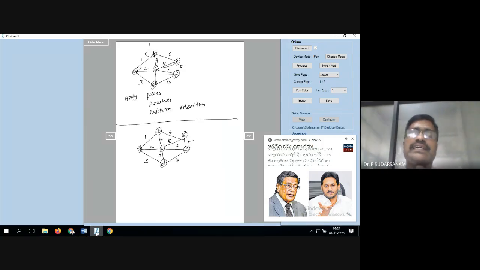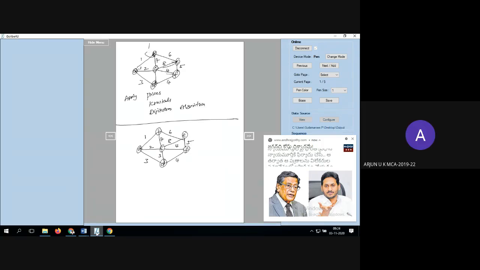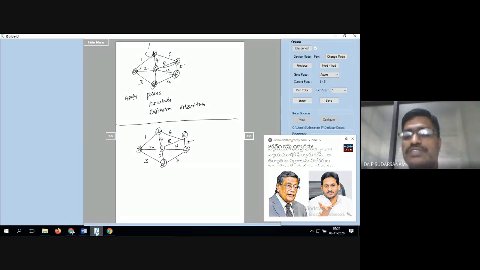Okay, is the diagram clear now? Yes, sir. All right.